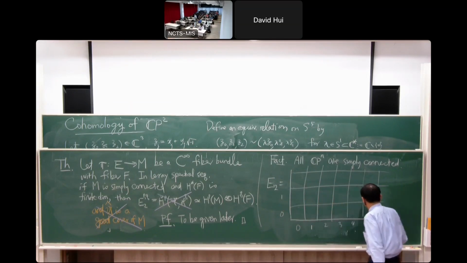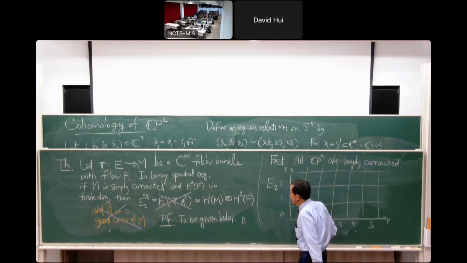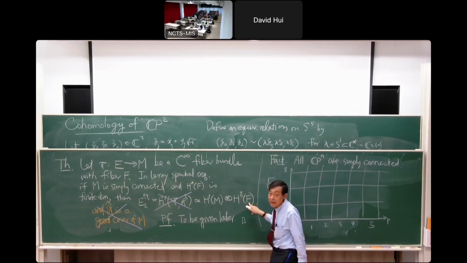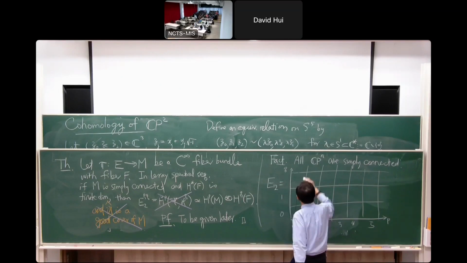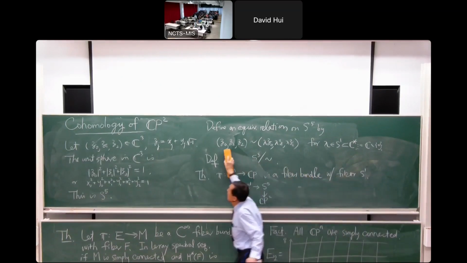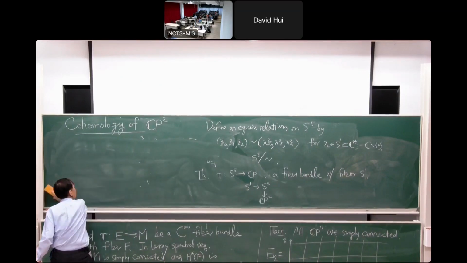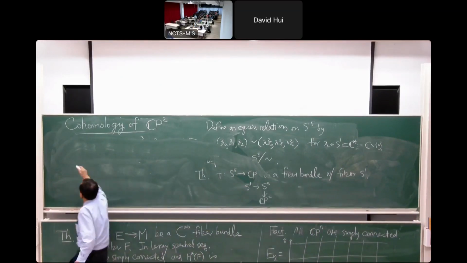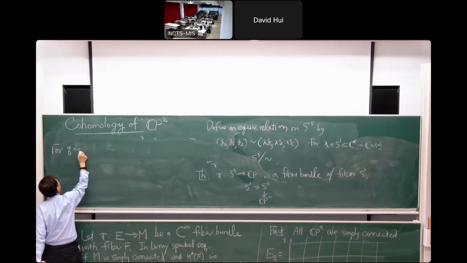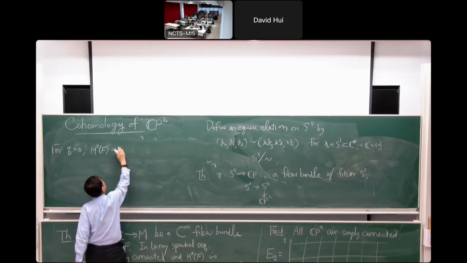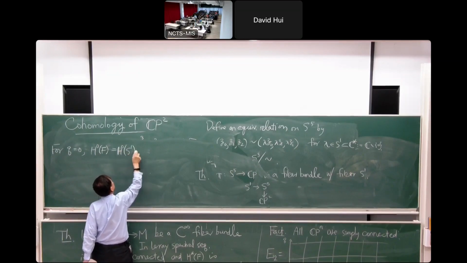It's HP, now this is P and this is Q. Now when Q is 0, you have H0 of F, and that's just R. H0 of F, that's H0 of S1, since S1 is the fiber.